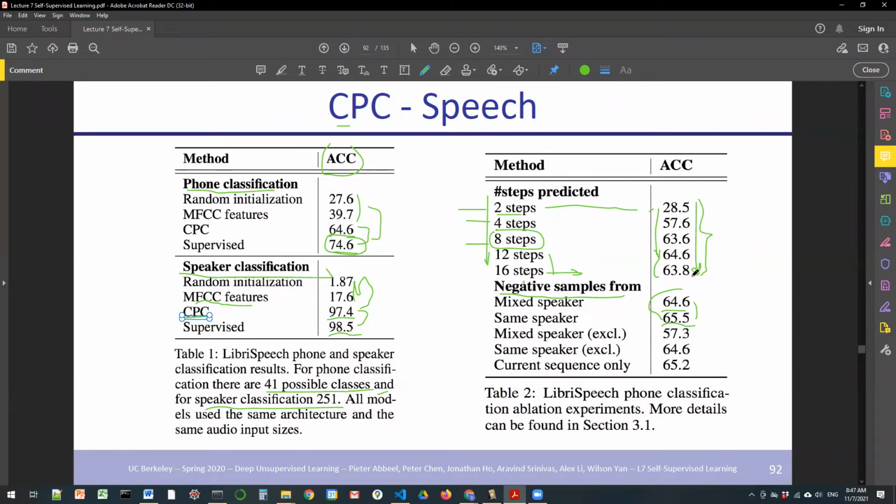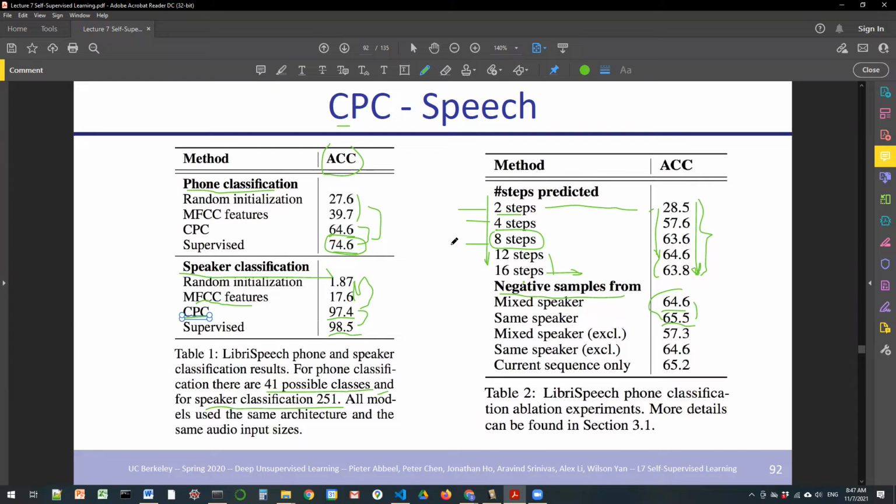Right. And it's also interesting, as I said, that the number of steps ahead that you try to predict is helpful in deciding whether the embeddings that are learned are good, or they can get better, or they get worse. So the right way to think about it is that the futures that we select to predict should be such that they share some information with the context, because that's what allows us to learn the embeddings that are valuable.